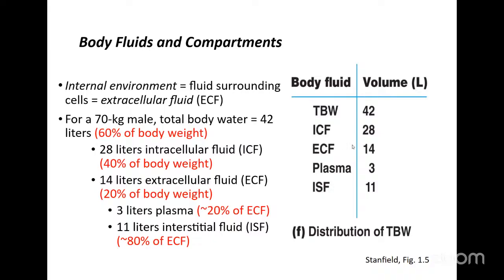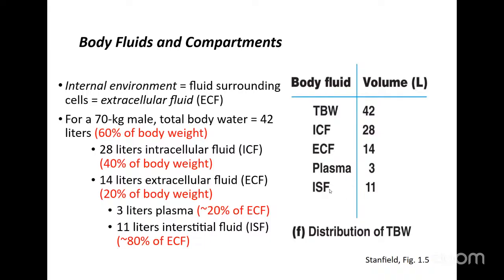We can see here that that's 40% of body weight for the intracellular fluid, 20% of body weight for the extracellular fluid. And if you add those two numbers up, whether you do it by percent or whether you do it by liters, they add up to the 42, that total body water. So we got the two types, intracellular versus extracellular. And then we see the distribution of the plasma and the interstitial fluid.